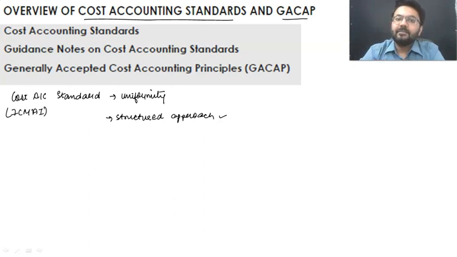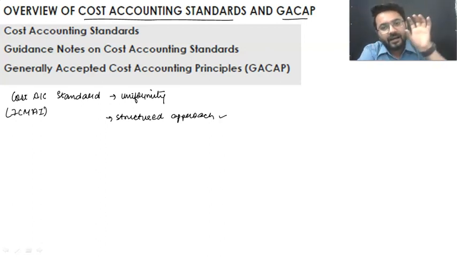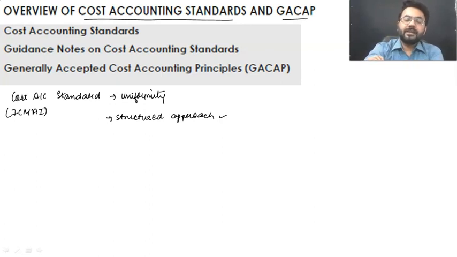The main logic behind that is only one: they are uniform. Everybody is preparing the balance sheet in one single standardized format. Here comes your liability, here comes your asset. After that, current liabilities, right? You have share capital, shareholder funds. Apart from that, you have the asset side: fixed assets, current assets, cash and cash equivalents. So just like that, they have a structured approach so that everybody can understand the same phenomenon.